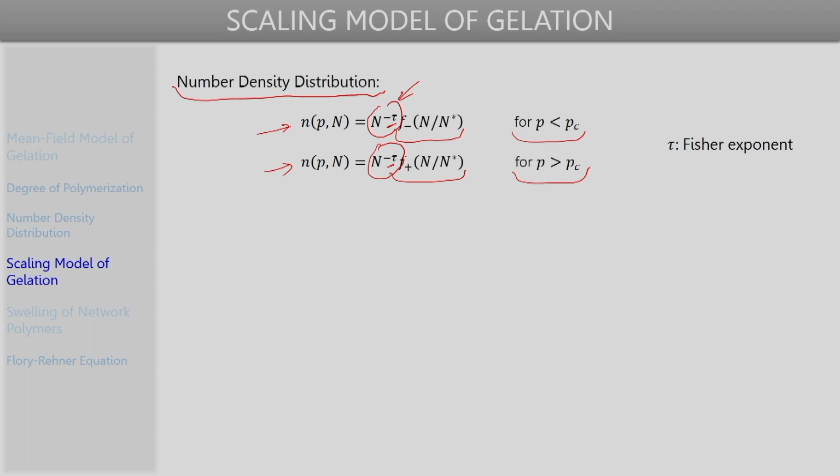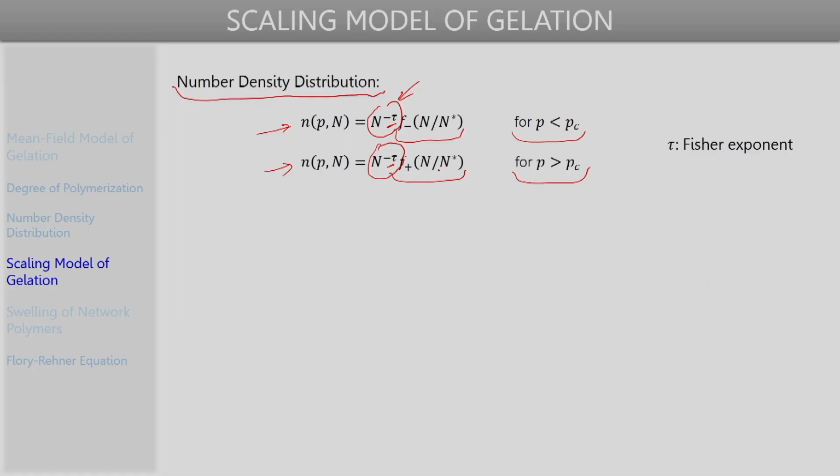Here that minus 5 by 2 is replaced by N to the power minus tau, a more generic exponent. Apart from that, the characteristic degree of polymerization n star scales as the absolute value of epsilon, the relative extent of reaction, raised to the power minus 1 over sigma. This sigma is also an exponent that appears in this scaling model of gelation.